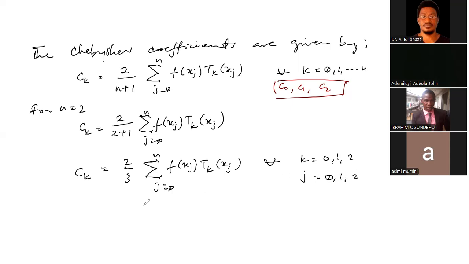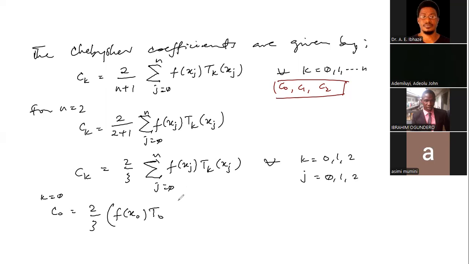So for C0, we already know that it is 2 over 3 into bracket f of s0, then we have T0, that's for k equal to 0, right? We want to figure out C0, right? So for C0, k is equal to 0. So k remains 0.